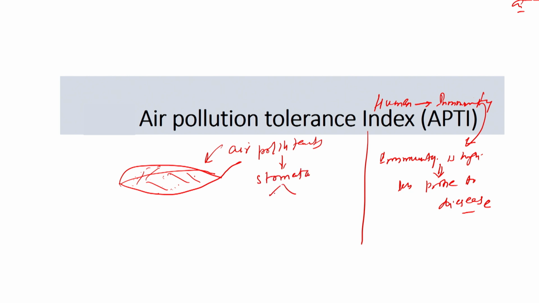Now, depending on the size of the stomata versus the pollutants, especially particulate matter, if the particle size is big, it can partially cover the stomata or completely cover the stomata. That depends on these two things, size of the stomata and size of the pollutants, which is very important.